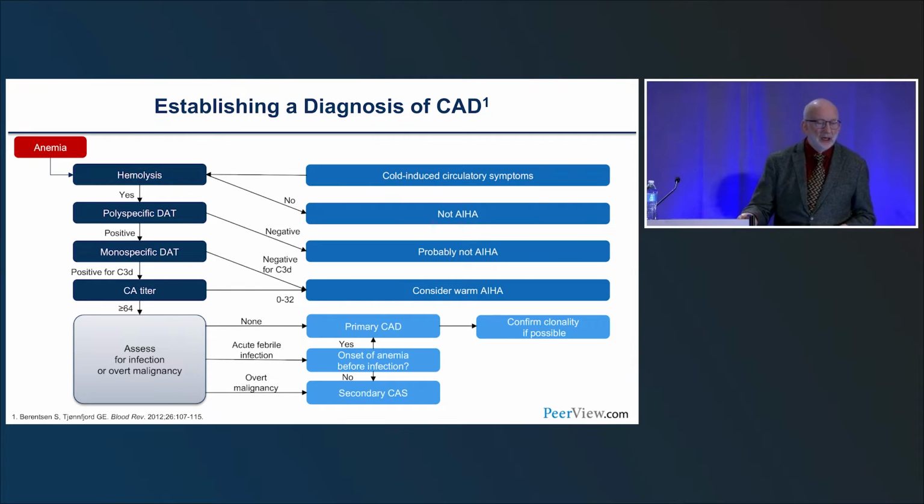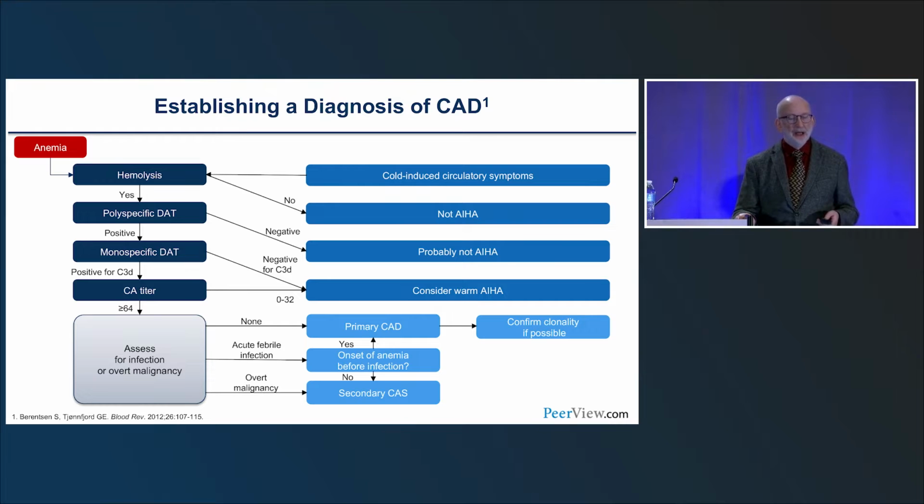Here comes the algorithm. To establish a diagnosis of cold agglutinin disease, you have to have hemolysis, and the look for hemolysis can be triggered by the presence of anemia or by the presence of cold-induced circulatory symptoms, like Dr. Weitz mentioned.